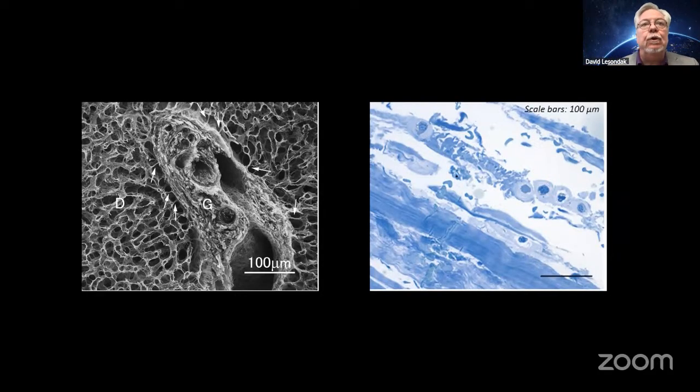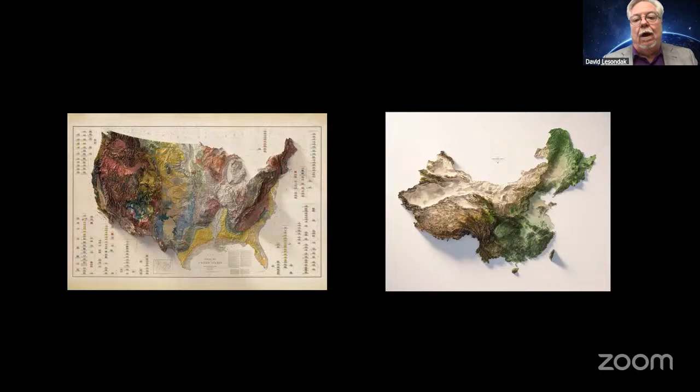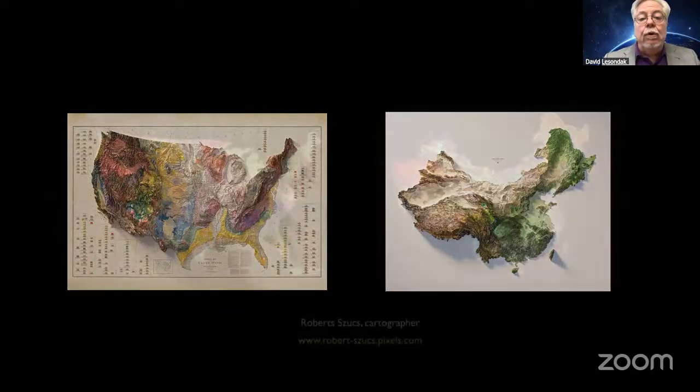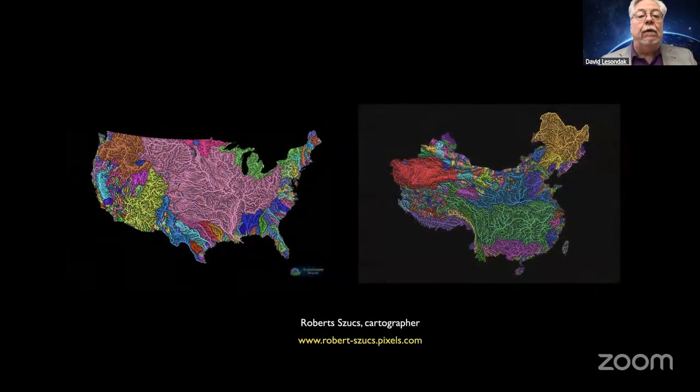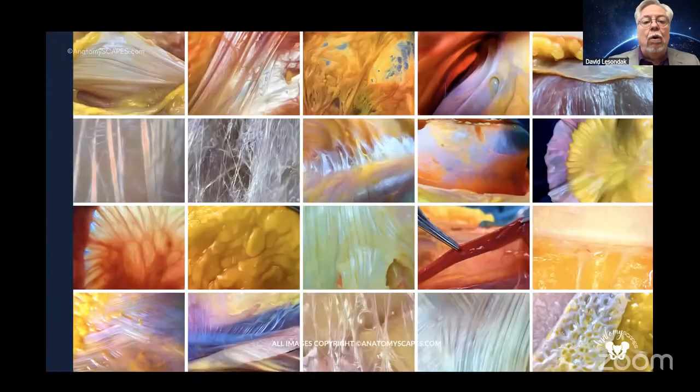Where you choose to look, how you choose to look might make a difference in what you think you're seeing. Are you looking at the land and the mountains and the topography, or are you looking at the water that runs through the land and the mountains? When really, they're all part of the same thing.